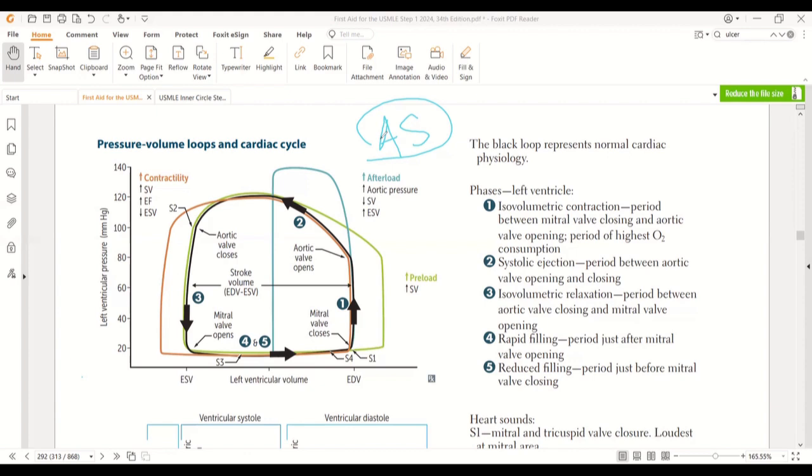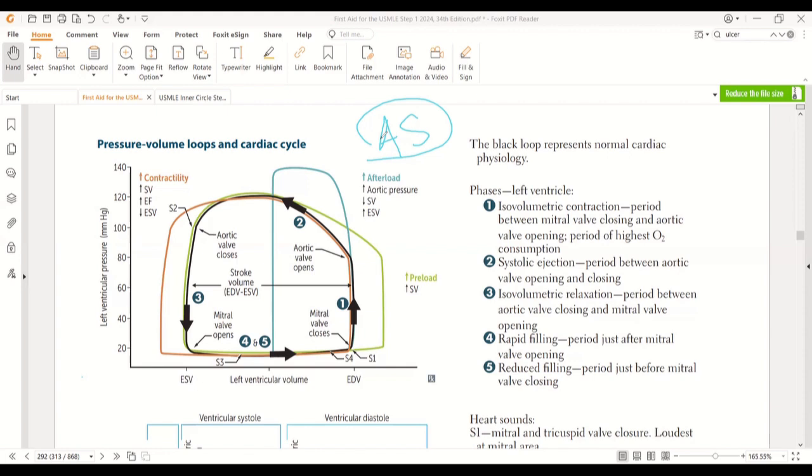The next thing is you have to identify what happened to the afterload. Afterload is increased. If afterload is increased, what will happen to the left ventricle pressure? It will increase, right?